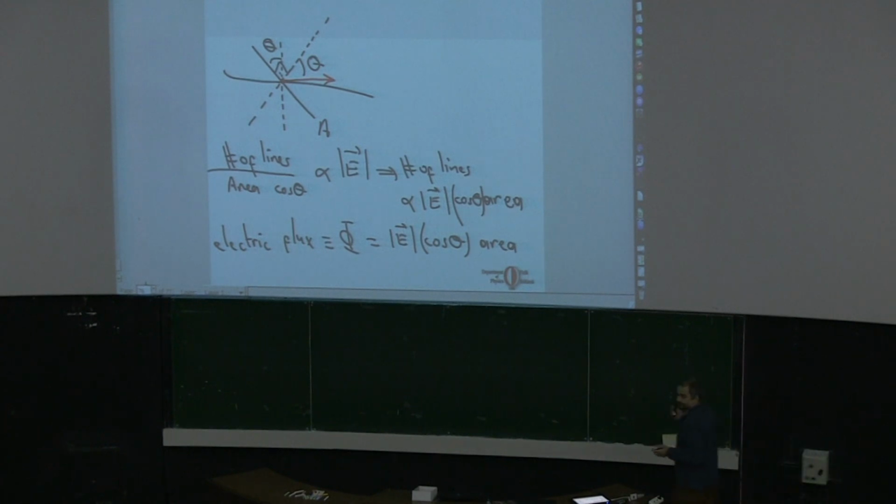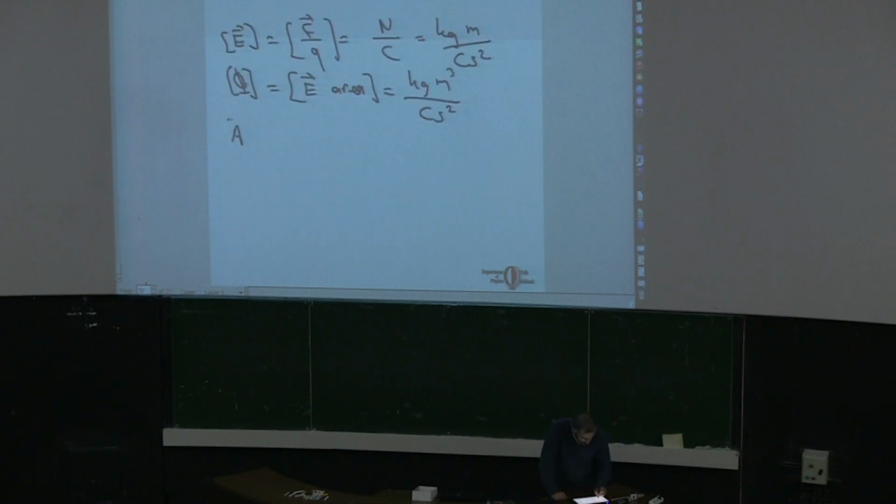Scalar product. So if you remember how we define the scalar product, if we have a vector A, a vector B, the scalar product is the magnitude of A, the magnitude of the vector B, times cosine of the angle between the two.